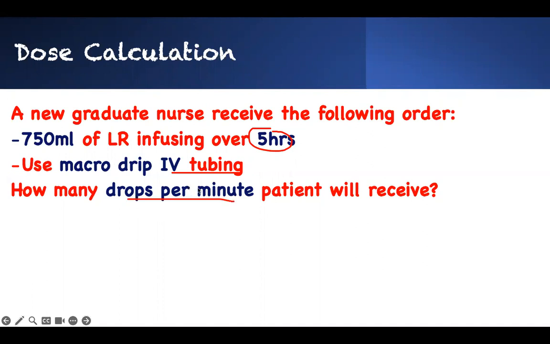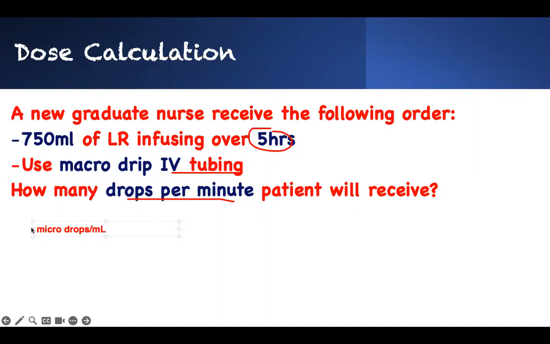We're looking for drops per minute, and they've given you macro drip IV, and then they'll give you how much you should infuse in 5 hours. You need to remember these numbers. There's something we call micro drops per ml.